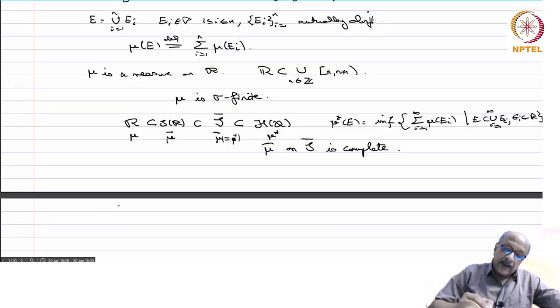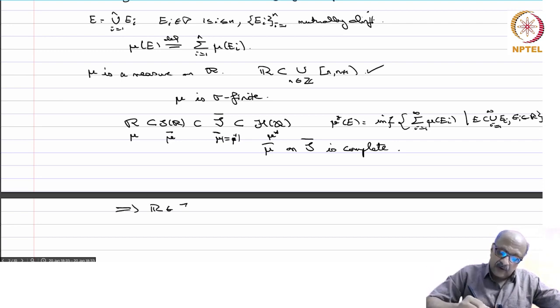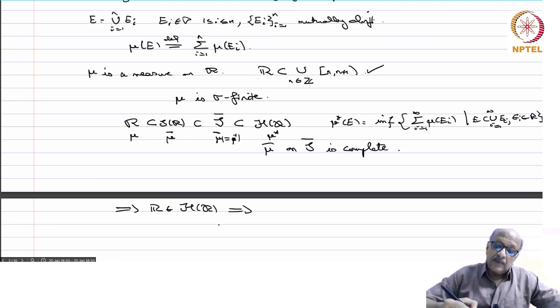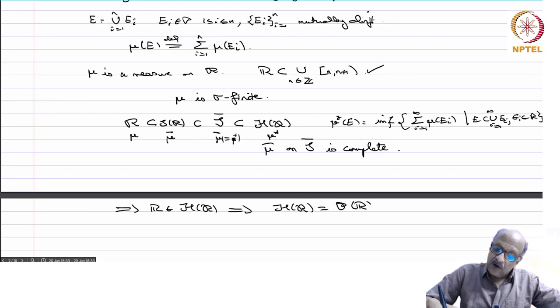Since again R is the union of this, this implies that R itself belongs to H(R), and this implies that anything which can be covered by countable unions is a member of H(R), and therefore H(R), being hereditary, is nothing but the power set of R. So H(R) is nothing but the power set of R.